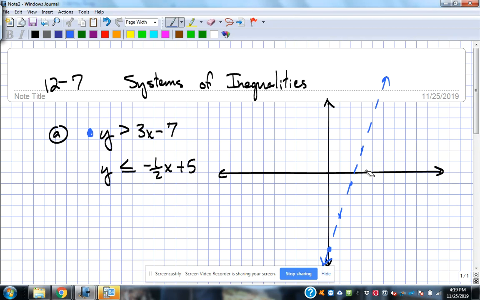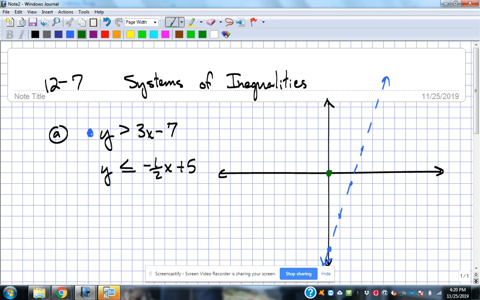Now we got to do some shading for that, because it says where the y value is greater than 3x minus 7. So what we can do is take a test point and check it in that inequality. You would want to pick a test point that's on one side of that line. I'm going to pick 0, 0 because that's a really easy one to plug in. If the line doesn't go through 0, 0, that's the one I'd use every time.